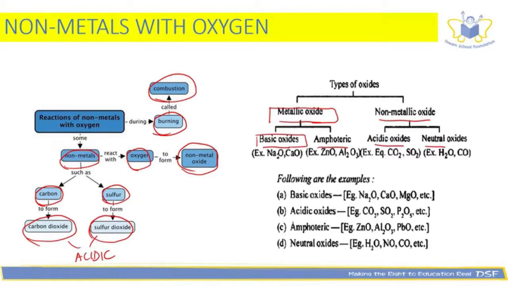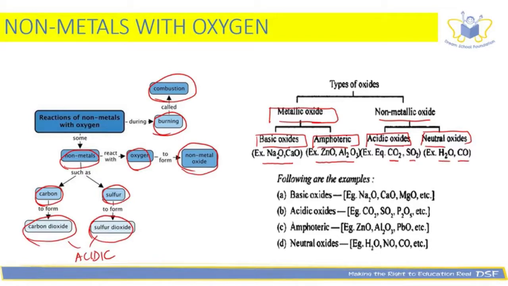Higher up in the reactivity series, you can see metals forming basic oxides, whereas a little in the middle you can see zinc and aluminium, which form amphoteric oxides, that is, basically which can be both acidic and basic in nature. In nonmetals, as you can see, some are acidic in nature like carbon dioxide and sulfur dioxide, and some are neutral in nature like water and carbon monoxide.